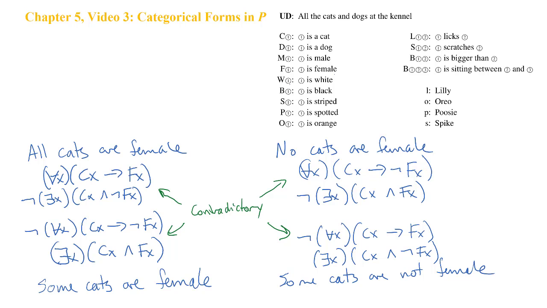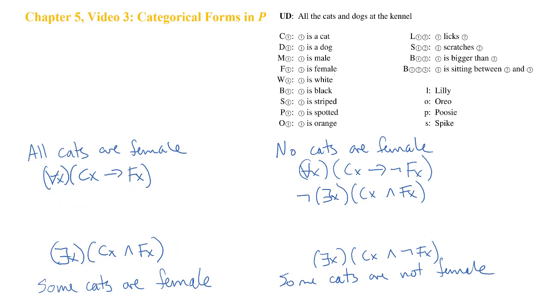Let me clean this up a little bit and make a few more points before we look at the general forms. So I've erased some of the alternate translations so that we can focus in on some points here. First off, remember that since we've now got a larger universe of discourse, in order to speak just about cats, in the universal form, we need to conditionalize on cats and say, of everything in the universe of discourse, if it's a cat, then it's female.